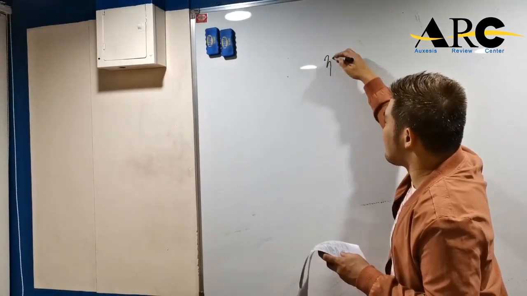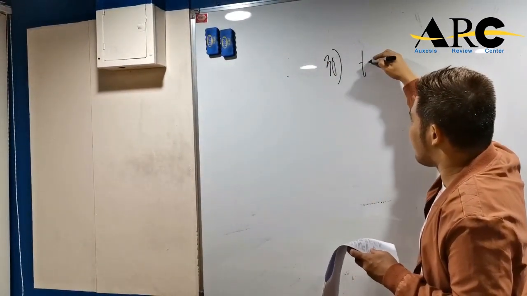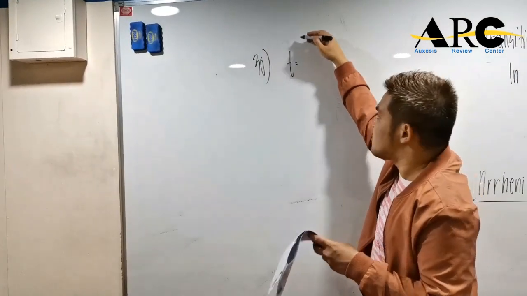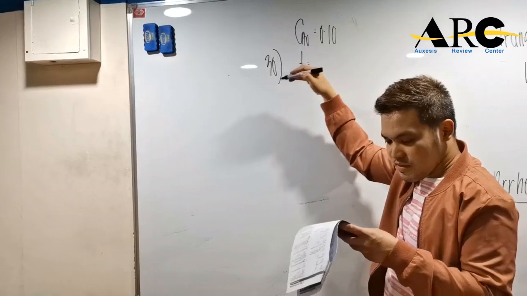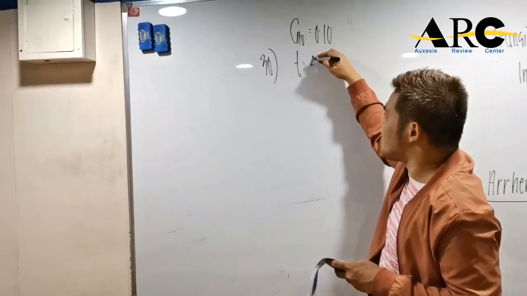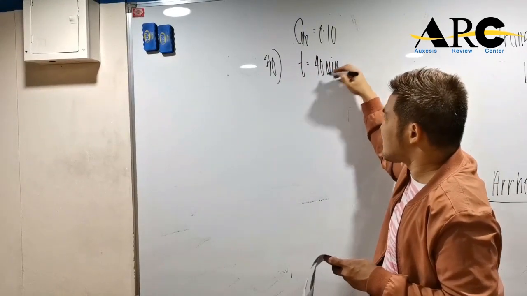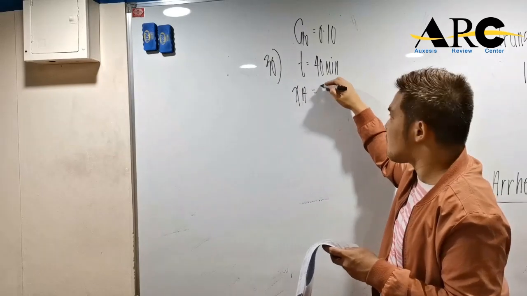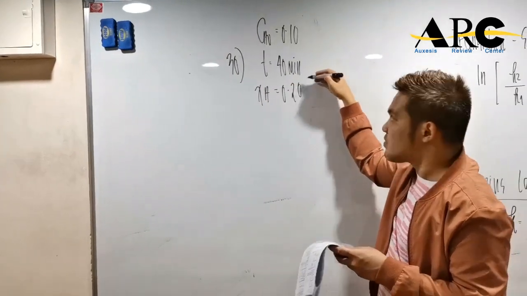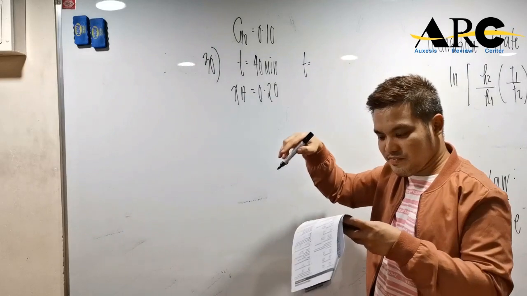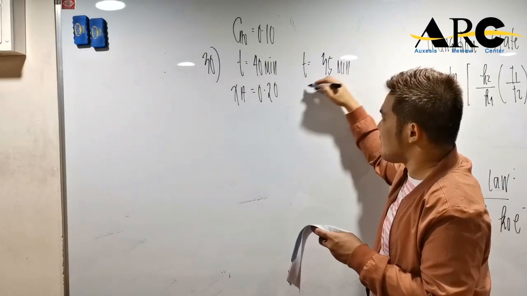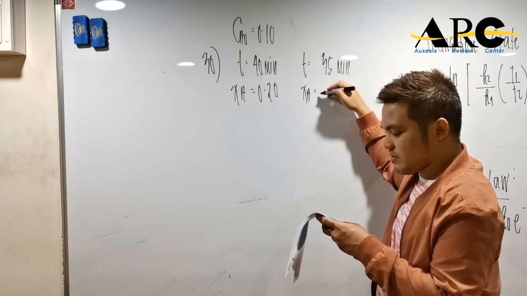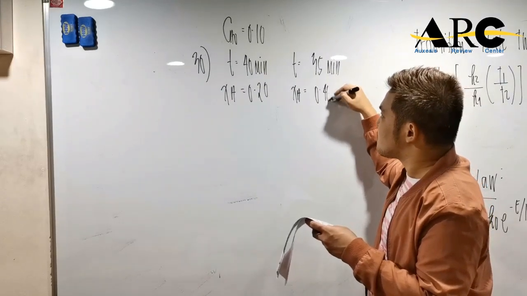Diba sabi nga natin, once na nagbago yung time, magbabago yung conversion. So, ang CA0 daw natin is 0.1. So, kapag 40 minutes daw yung time, ang XA natin is 0.2. So kapag ang time naman natin is 35 minutes, ang XA natin is 0.4.